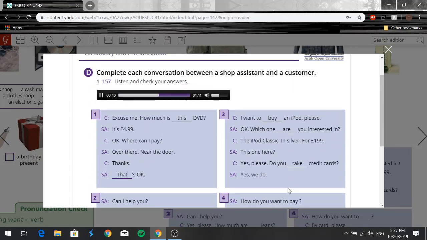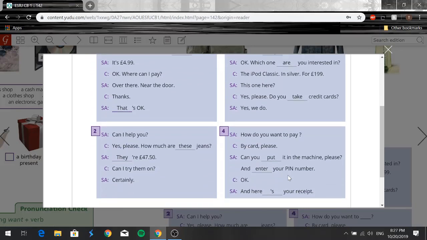I want to buy an iPod, please. Okay. Which one are you interested in? The iPod Classic, in silver, for $199. This one here? Yes, please. Do you take credit cards? Yes, we do. Conversation 4. How do you want to pay? By card, please. Can you put it in the machine, please? And enter your PIN number. Okay. And here's your receipt.